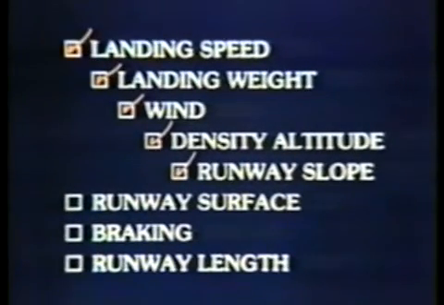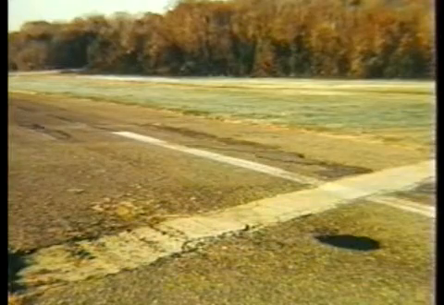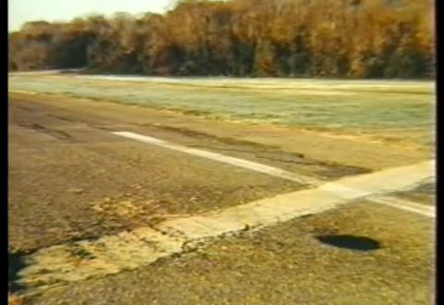Let's continue now with our look at the 8 causes of landing long. Runway surface can make a big difference to your landing rollout because it plays a tremendous role in braking effectiveness.